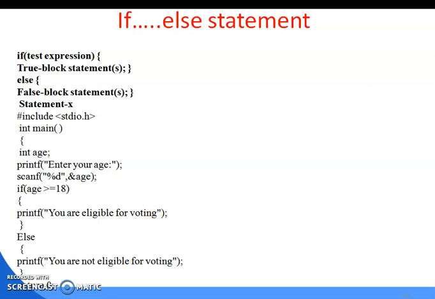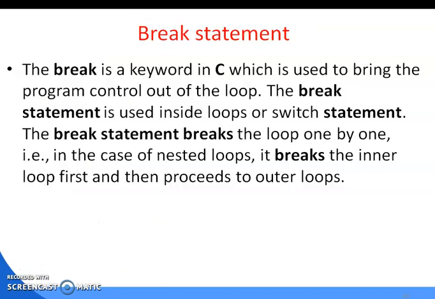If age greater than or equal to 18, printf you are eligible for voting, else printf you are not eligible for voting, return 0. So this is the if else statement.